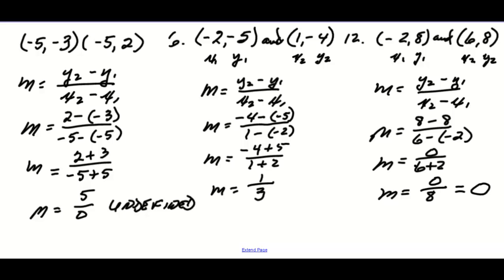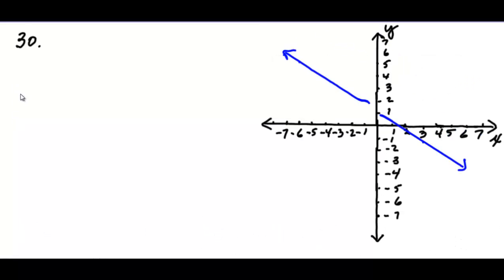Now what we want to do is move up on the page and take a look at a couple other features. I've got 30 written there, but before we do that, let's look at number 20. In number 20, we have a pair of points. We don't have a line yet.